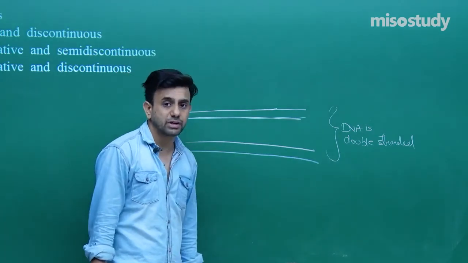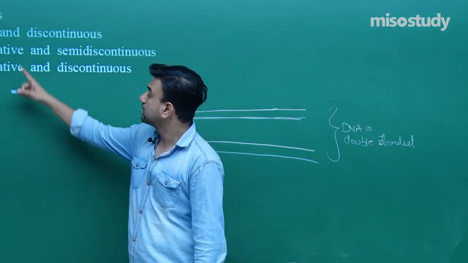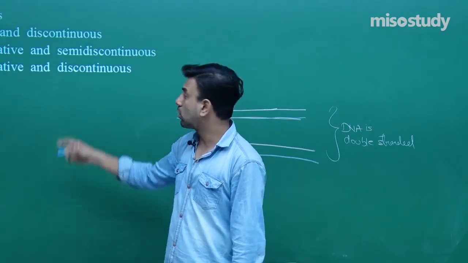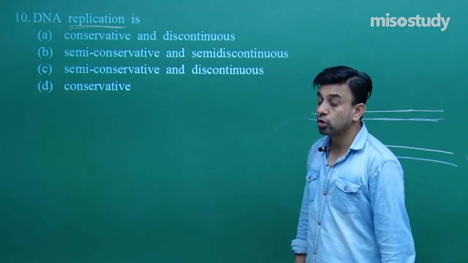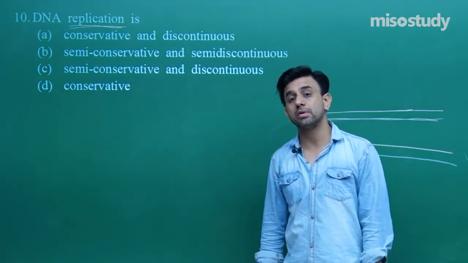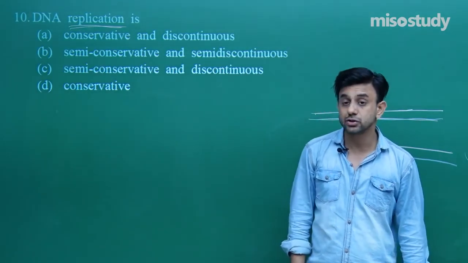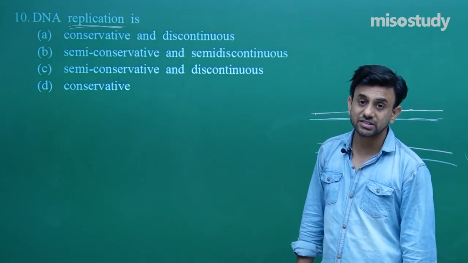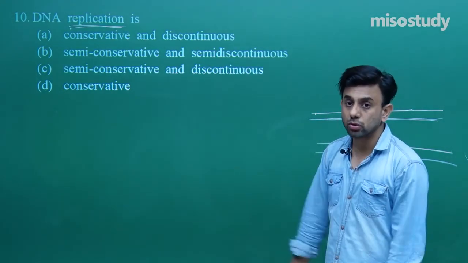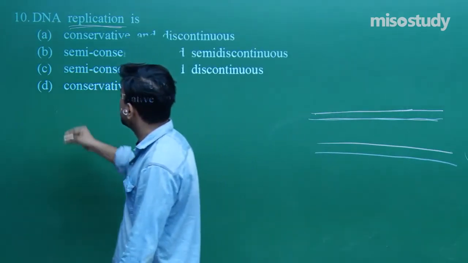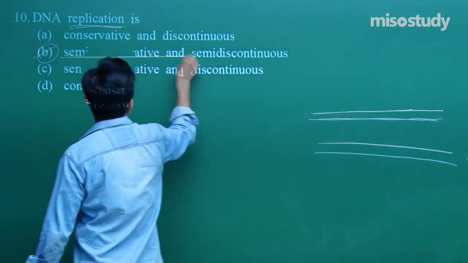So, the semi-conservative nature of the DNA, and also the semi-discontinuous nature. Who performed experiments to prove the semi-conservative nature of DNA replication? Meselson and Stahl. They did experiments to prove that DNA replication is semi-conservative.